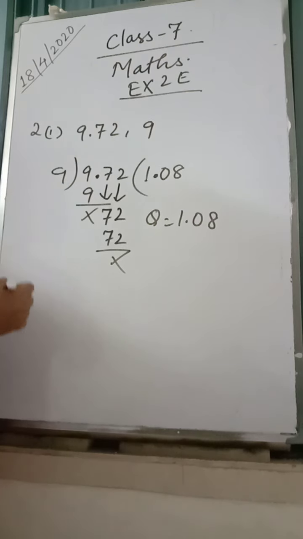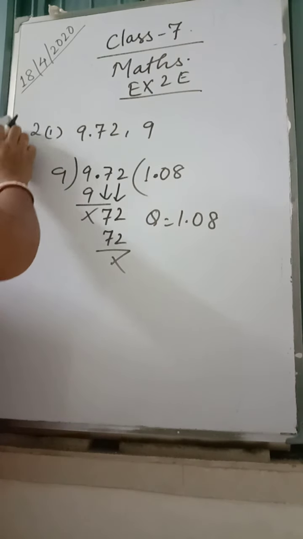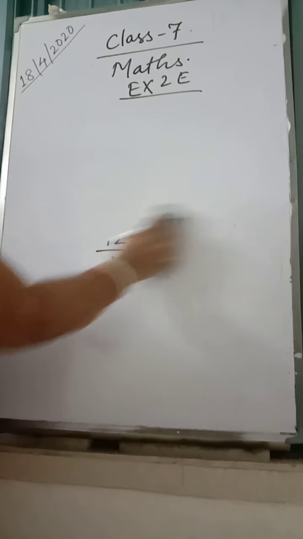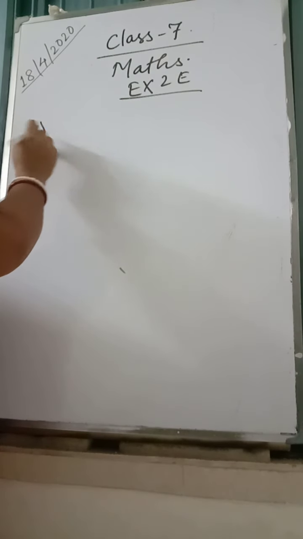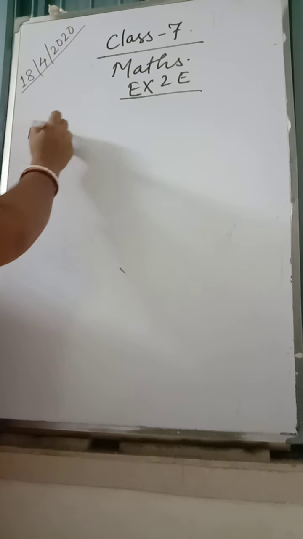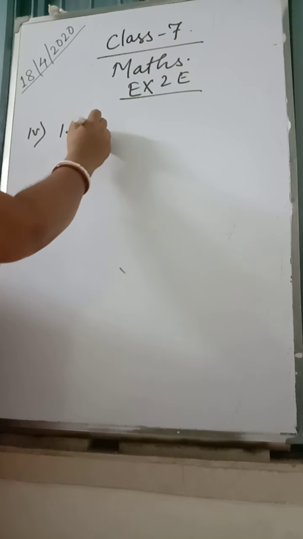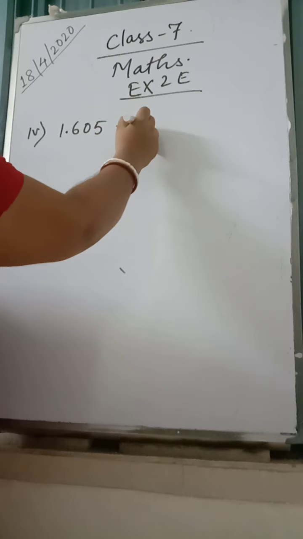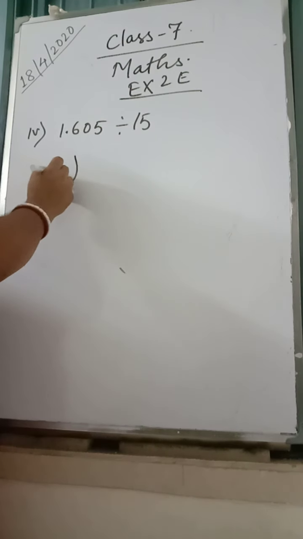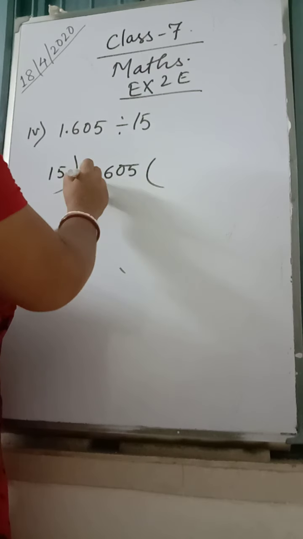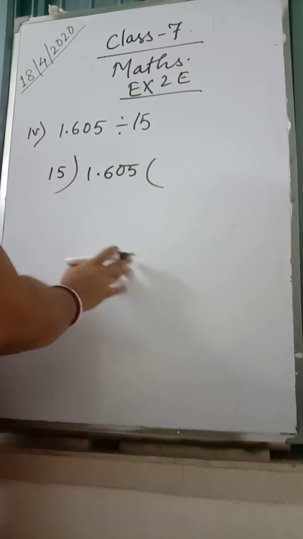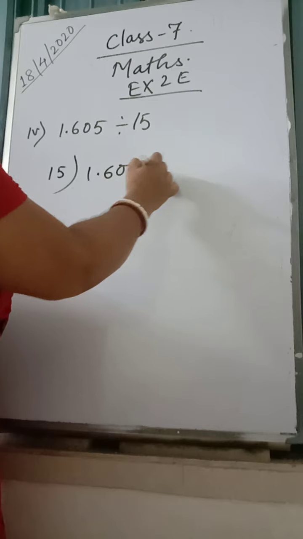You see question number 4, here is given 1.605 by 15. Now I have written 15, 1.605. 1 is smaller than 15, so not divisible, will give 0.